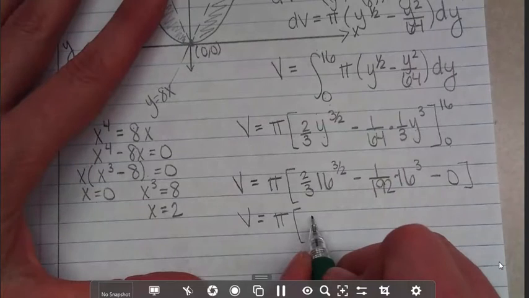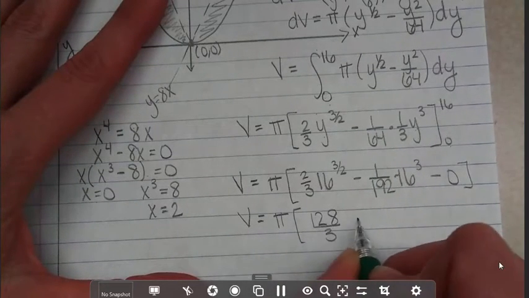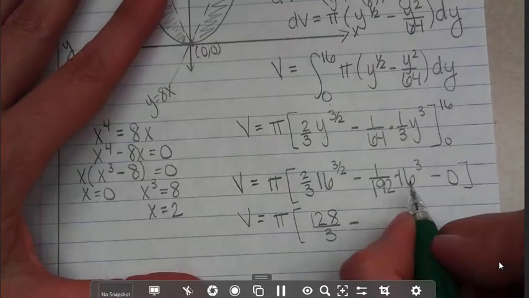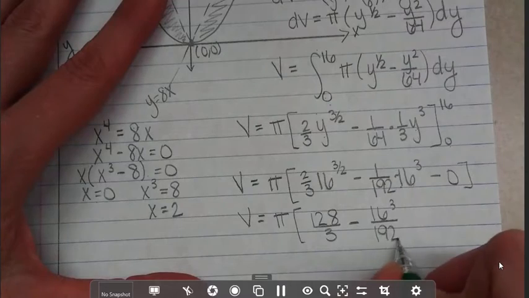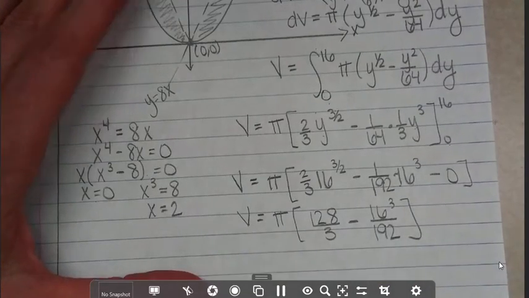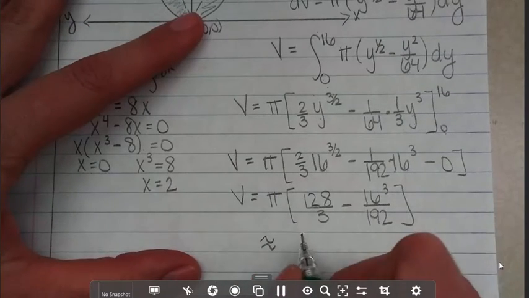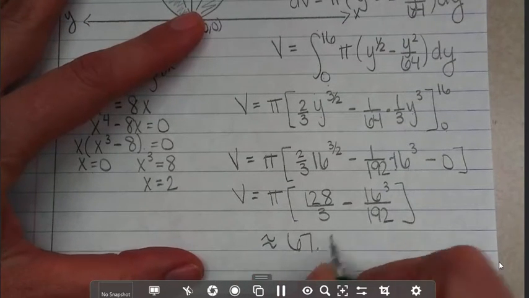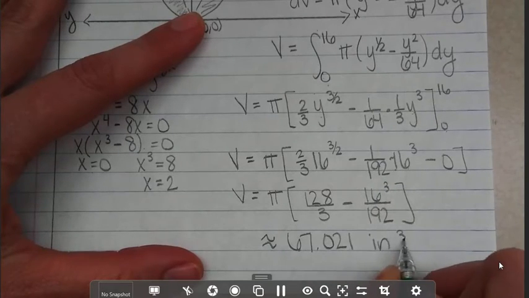Cube that, that's 64. And 64 times 2 is 128. So I'm at 128 over 3 minus 16 cubed over 192, and then times that by pi. And when you're all said and done, you're going to get approximately 67.021 inches cubed.